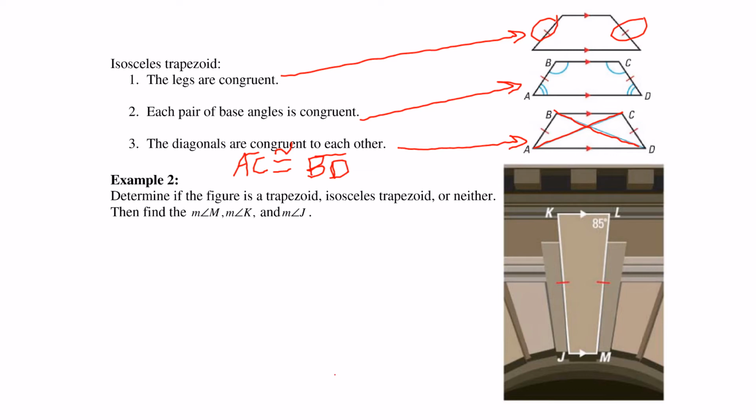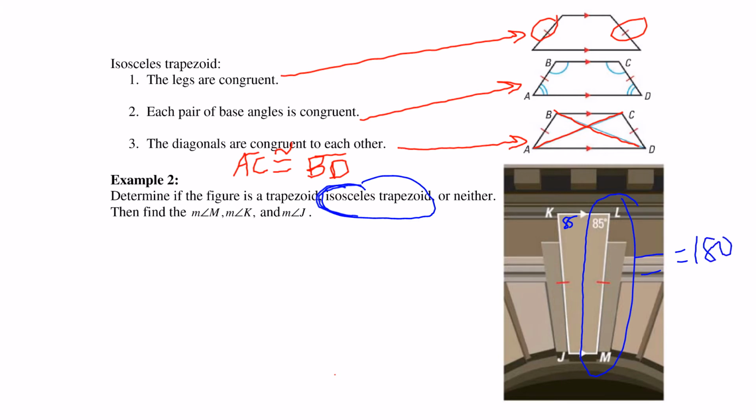All right, so next up, we are talking about an isosceles trapezoid in this picture. That means our base angles will be the same. If you notice, right here is 85, so the other angle right next to it will also be 85. Remember that our consecutive interior angles, L and M, are going to equal 180 degrees.